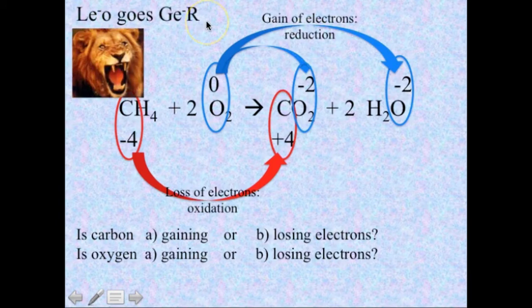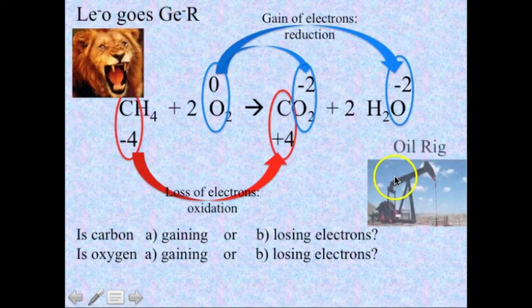Leo goes grr. Leo the lion, right? Leo goes grr. Loss of electrons is oxidation, gain of electrons is reduction. Another one I've heard is oil rig. Oxidation involves loss of electrons, that is. Reduction involves gain.